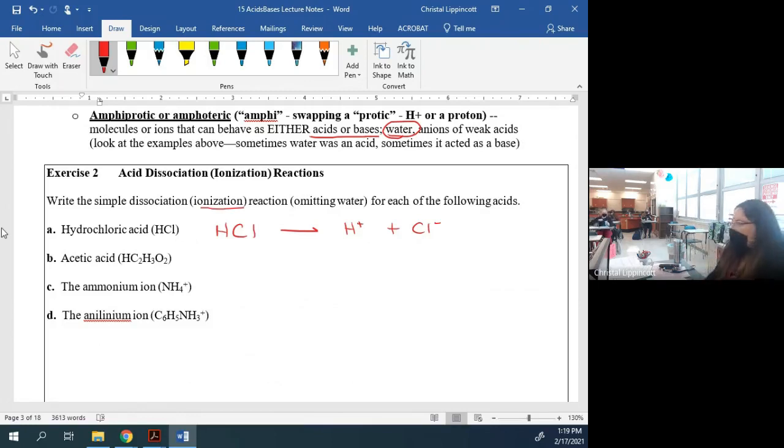All right. So now we're going to do the same thing with acetic acid. See if you can break acetic acid down. So acetic acid is HC2H3O2.